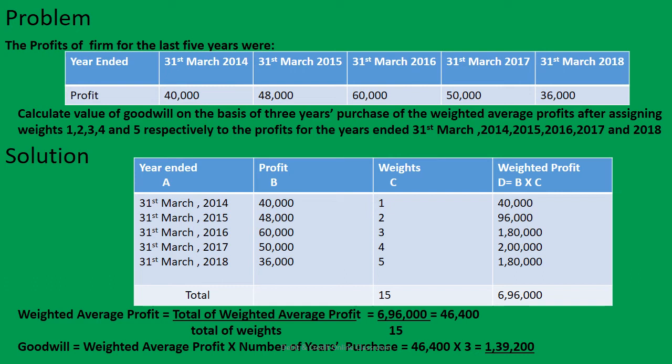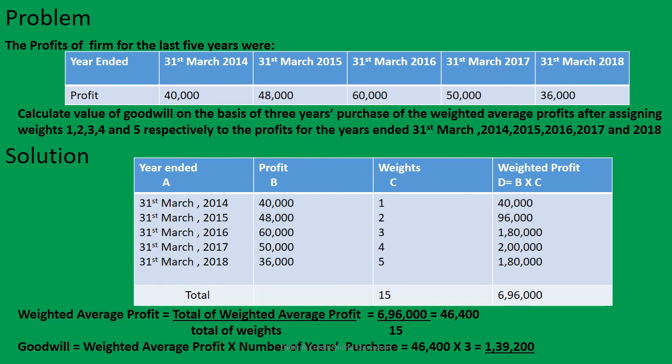We can find out the weighted profit using this table. In the first column we are writing the years, then the profit of respective years, and we are assigning the weights. It is given in the problem: 1, 2, 3, 4 and 5.